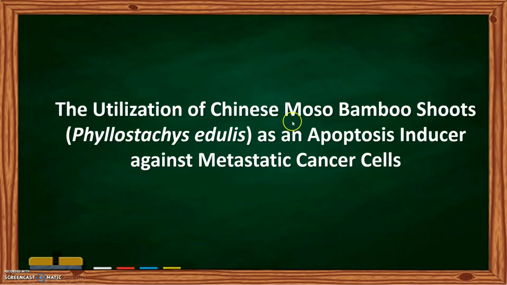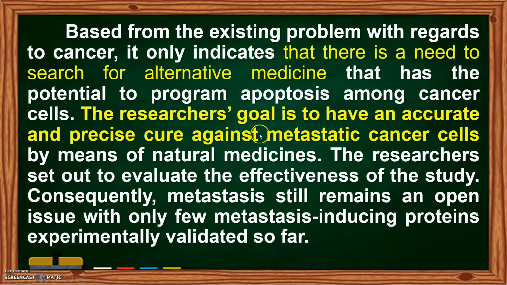So dito naman sa Chinese Moso bamboo shoots, ito naman yung kanilang fifth paragraph. Based from the existing problem with regards to cancer, it only indicates that there is a need to research or to search for an alternative medicine that has the potential to program apoptosis among cancer cells. The researcher's goal is to have an accurate and precise cure against metastatic cancer cells by means of natural medicines.